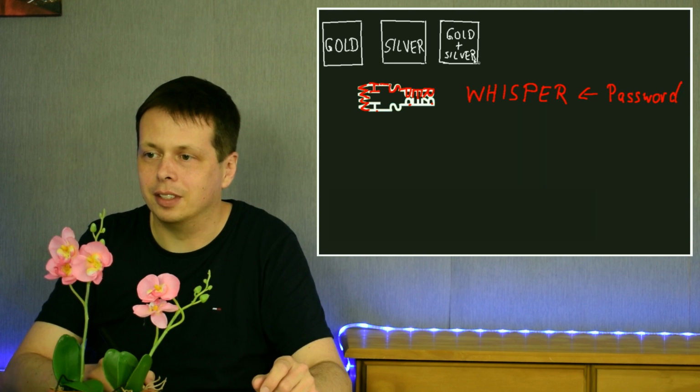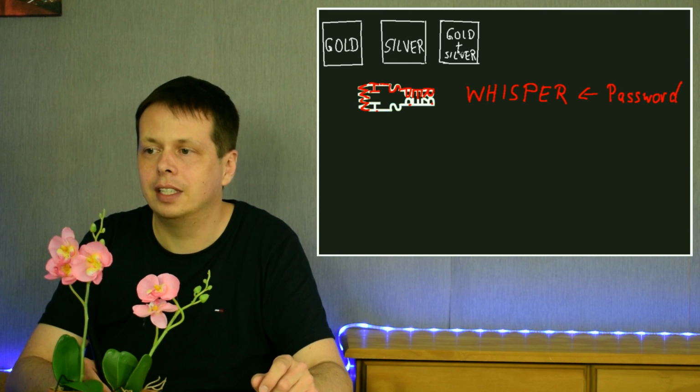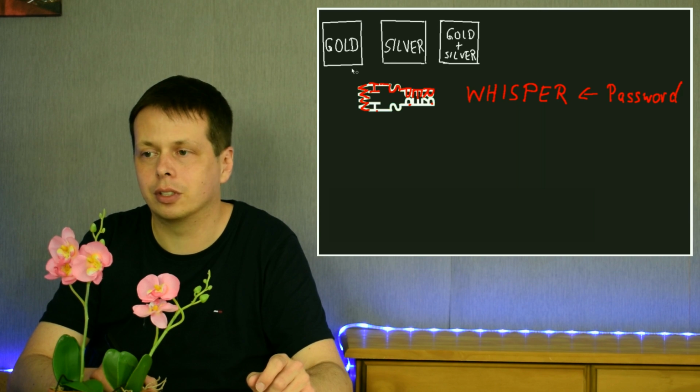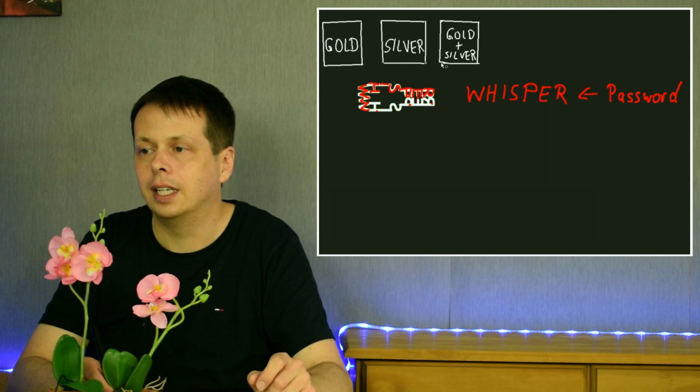And the labels here, gold, silver and gold and silver, each label is wrong. So in this box is not gold, here is not silver, and this box contains not gold and silver.